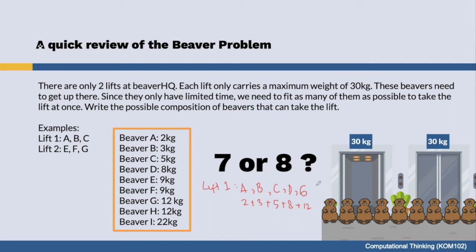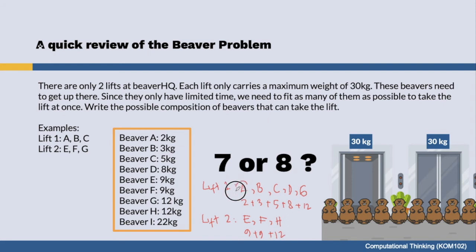30 is here, so we can choose this, and then we can put in the second elevator, the second leaf, beaver E and beaver F and beaver H, right? Because it's 9 plus 9 is 18 plus 12.